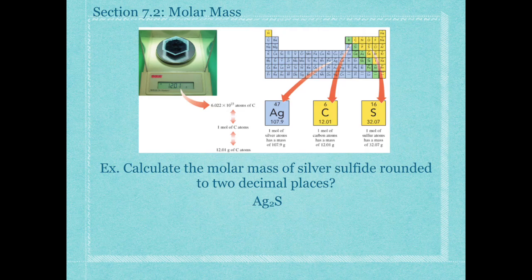Now, to find the molar mass of silver sulfide, I'm going to take the molar mass of silver, which is 107.9, and multiply that by 2 because there are 2 silver atoms. And I'm going to add to that the molar mass of sulfur, which is 32.07. And what I get for my final answer, rounded to 2 decimal places, is 247.87.